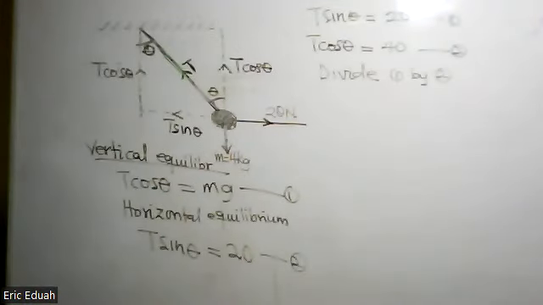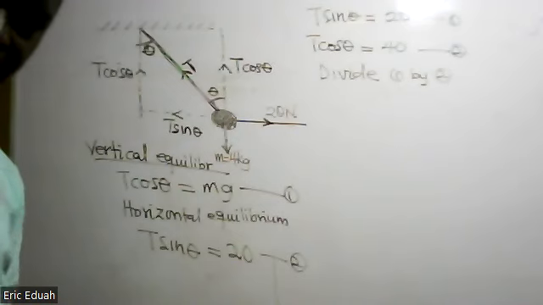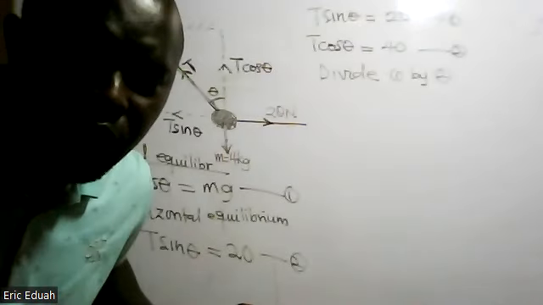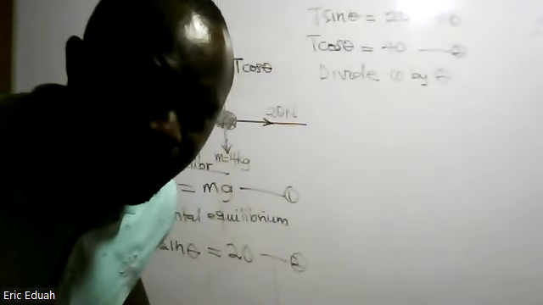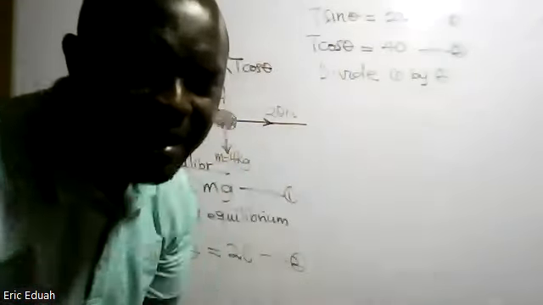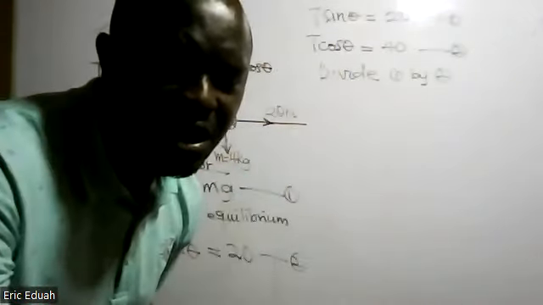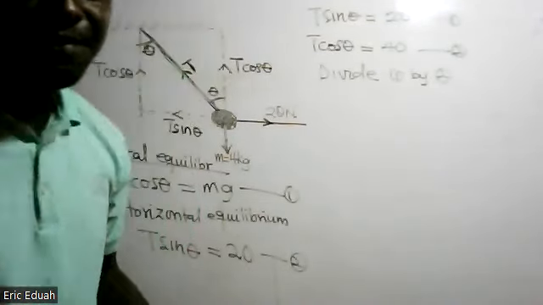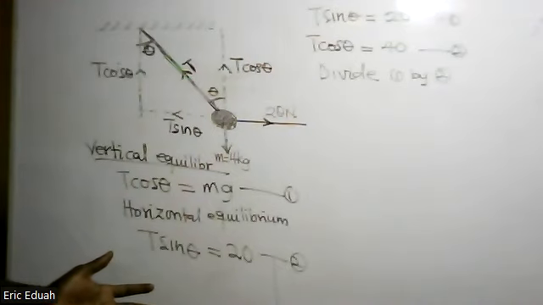Mr. Dua, hello. Please, why did you equate it to mg? We are told the body is in equilibrium, meaning that the net forces in all directions, horizontal, vertical, must be equal to what? 0.